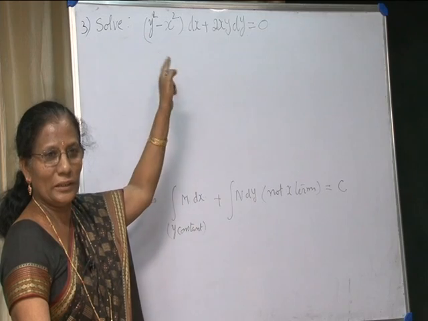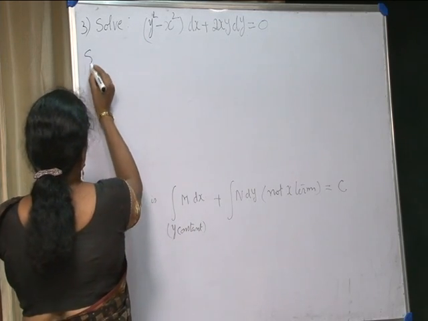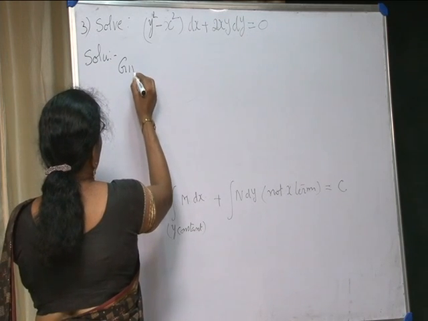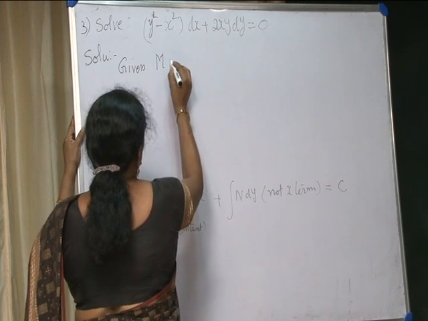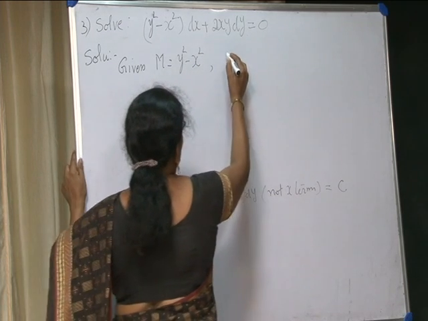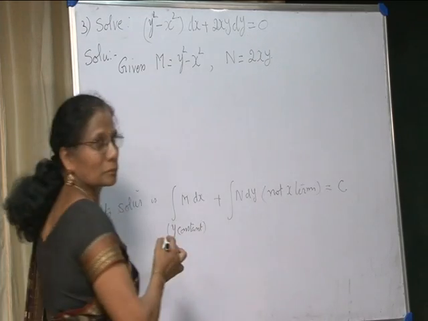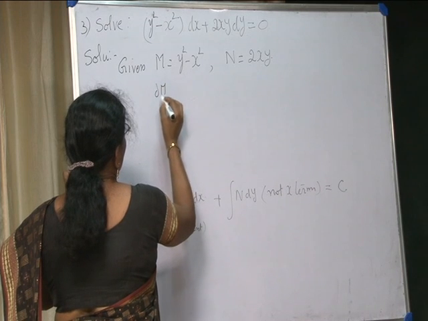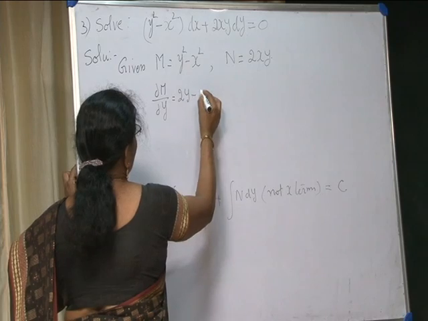Now, we will see whether it is an exact equation or not. Solution: given M is equal to y squared minus x squared, N is equal to 2xy. Differentiate M with respect to y, keeping x constant.